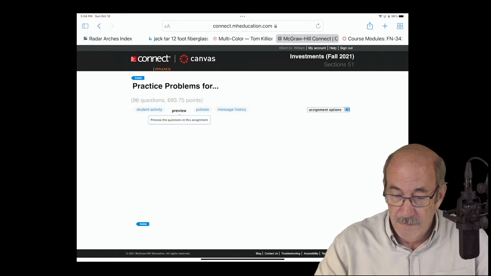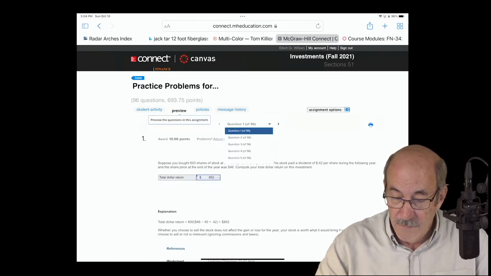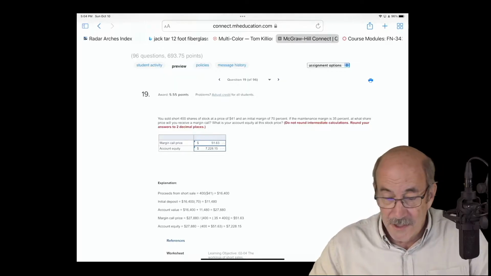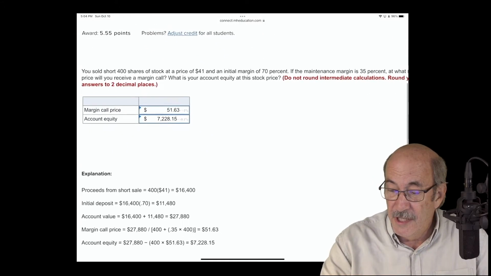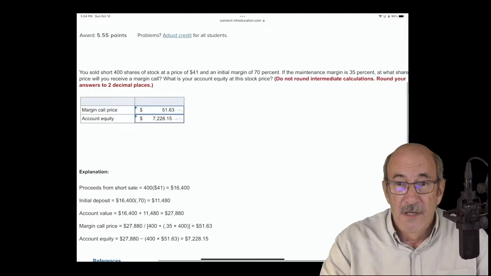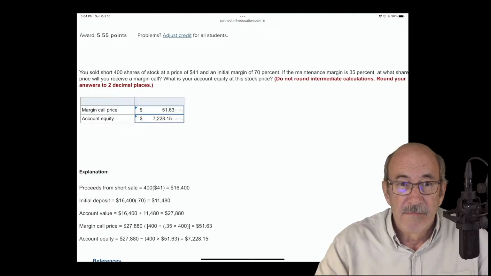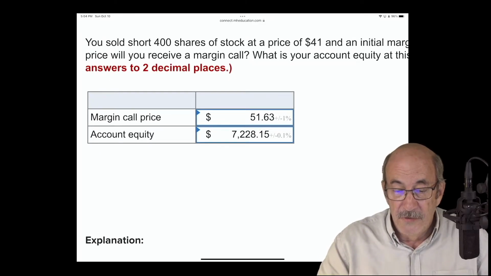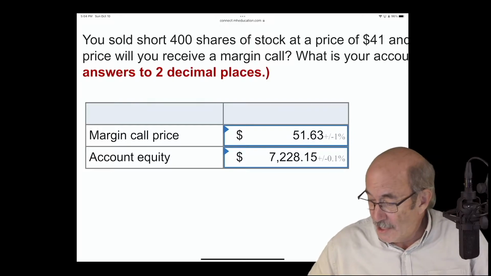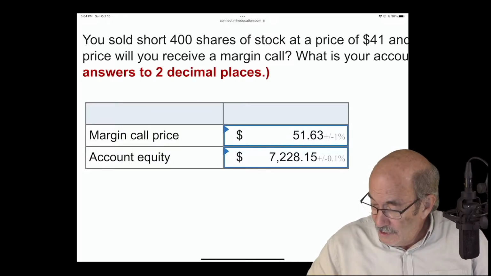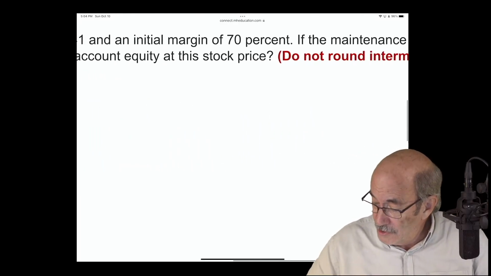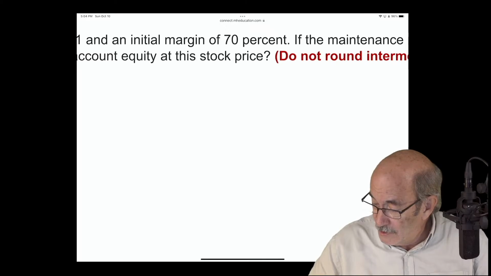So it's margin call price and account equity. Can everybody see that reasonably well? Yeah, it's a little blurry, but it's enough to see it. Let me go a little bigger. So you short sold 400 shares of stock at 41, and an initial margin of 70%.